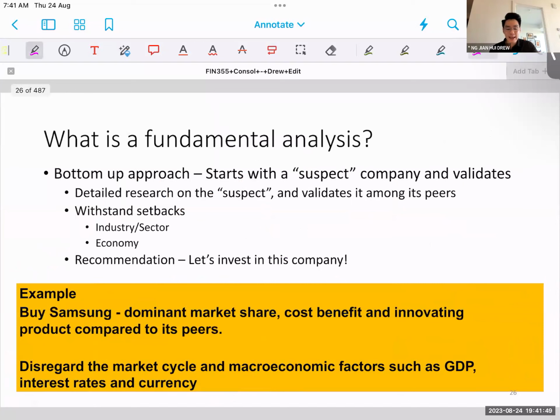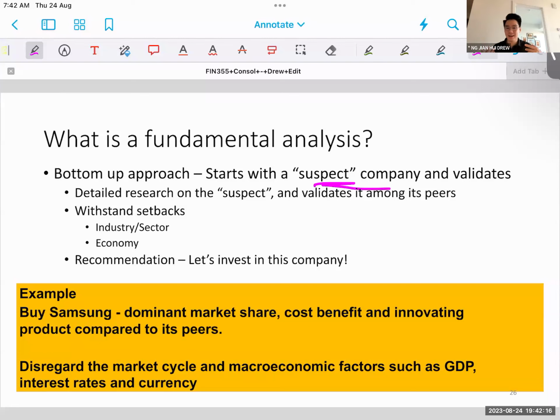So the thing is that most of the time, we already have the company in the back of mind, right? We say, okay, I want to invest in Intel, or I want to invest in Facebook if you are in the US market. So most of the time, we already have that company that we want to invest in, and we do more of a bottom-up approach where we already know the suspected company.